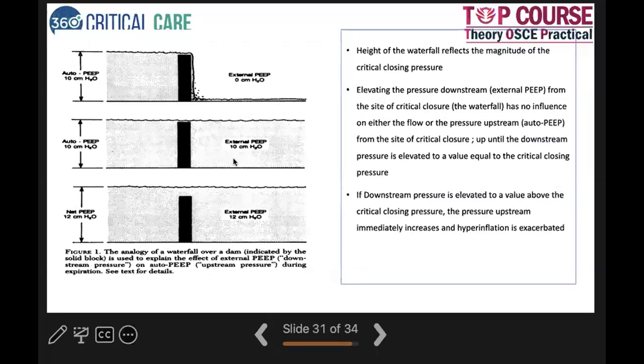But when you keep the external PEEP close to the auto PEEP, it matches up with the auto PEEP, and the patient need not take an excessive effort to overcome the auto PEEP, so the inspiratory effort becomes better. But when you keep the external PEEP more than the critical closing pressure, you are going to worsen the dynamic hyperinflation, because you are over-distending the airway as well as the alveoli because of the PEEP.